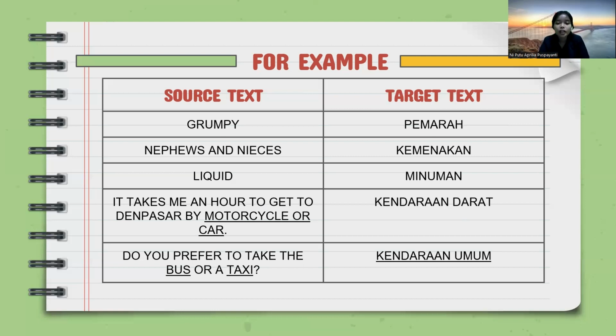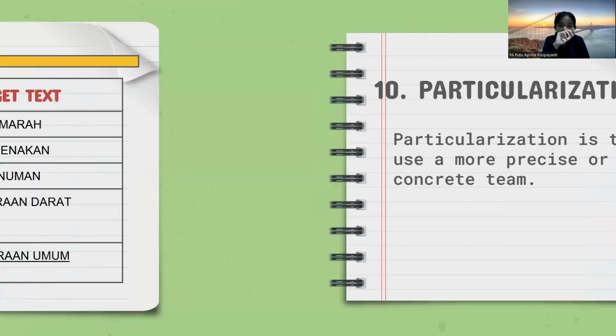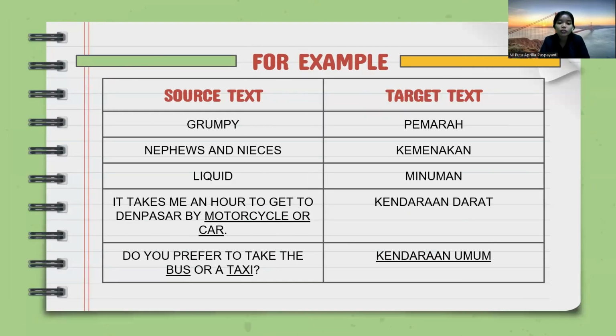Both are kendaraan umum, right? Or land vehicles. So, it is very possible that the words motorcycle and car are translated into kendaraan darat. And as you can see on the last one, do you prefer to take the bus or a taxi?